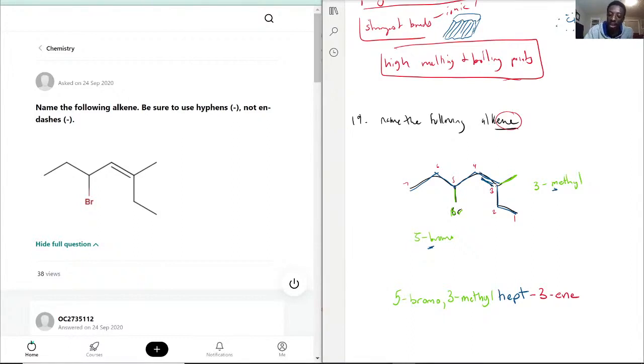And this right here should be the name of the alkene.